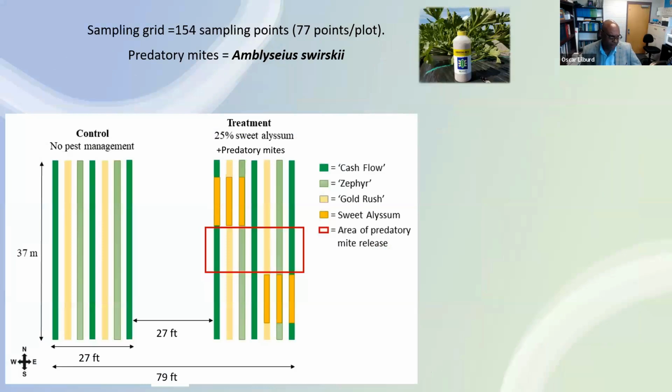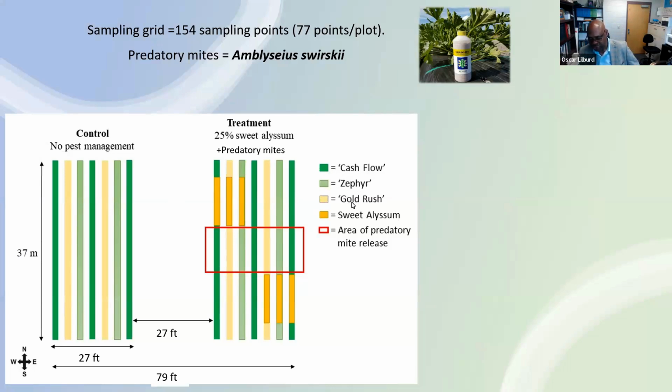This is just a pictorial view of how the field looks. I'm going to give you some measurements in the following slide. You can see that the dark green represents the Cash Flow, and then we have Zephyr, one of the cultivars of squash, which is a lighter green.